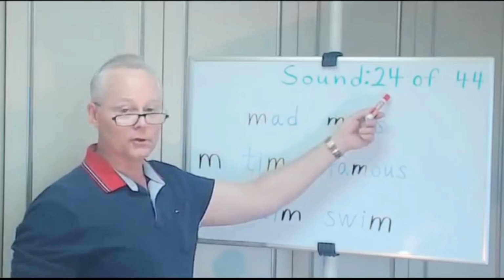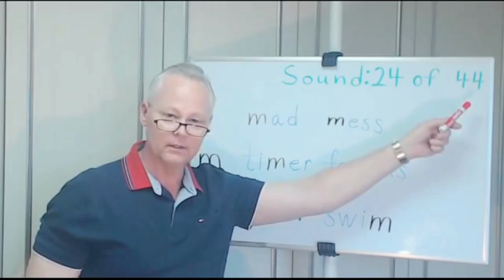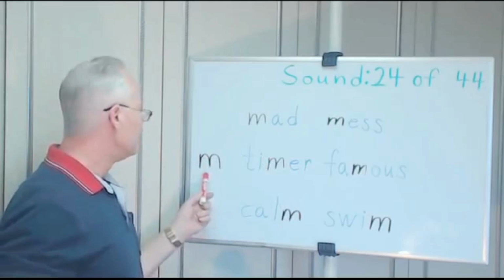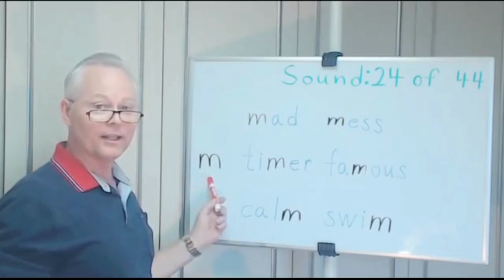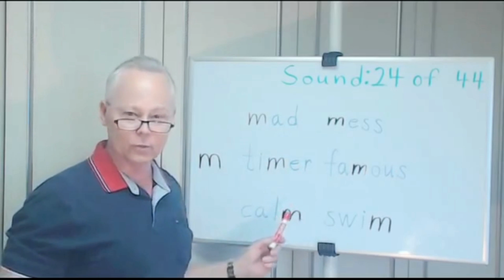Thank you for watching. Sound number 24 of the 44 sounds of American English. Here we have the consonant, the letter M. What sound do you think M makes in these words?